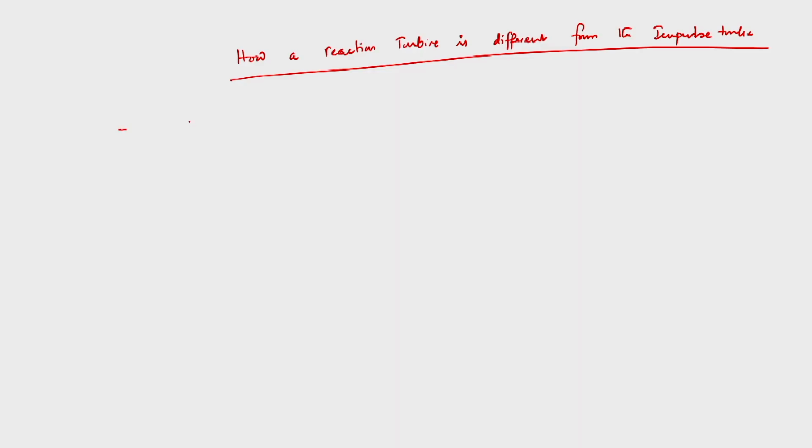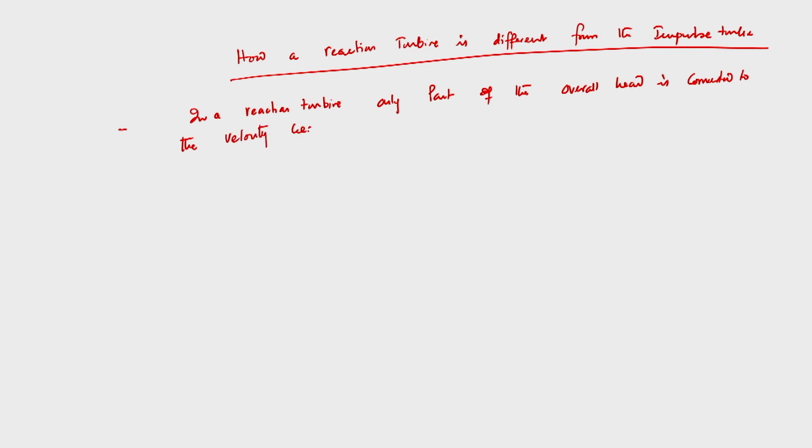So first of all, in a reaction turbine, only part of the overall head is converted to the velocity head before the fluid reaches the runner.